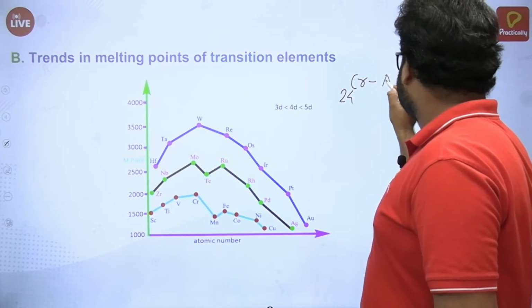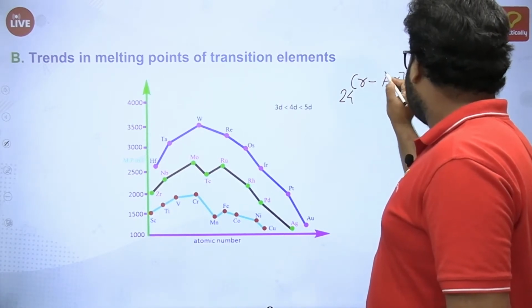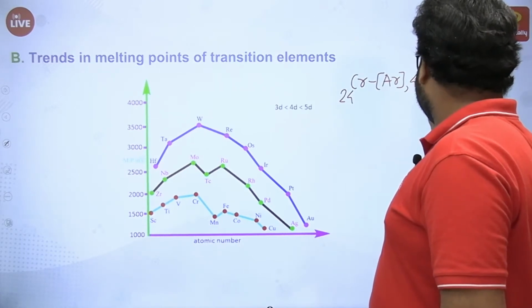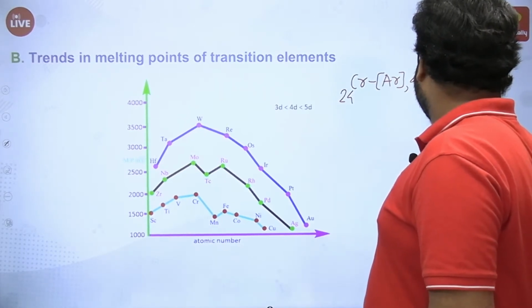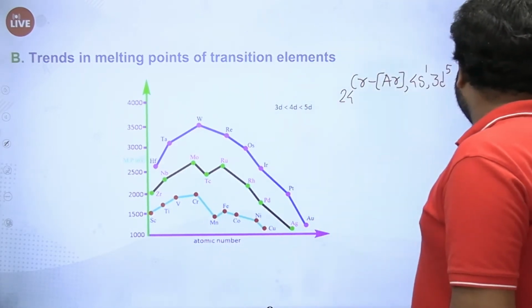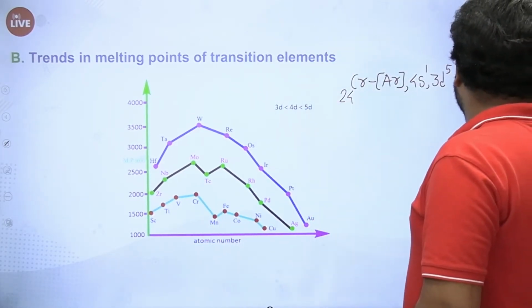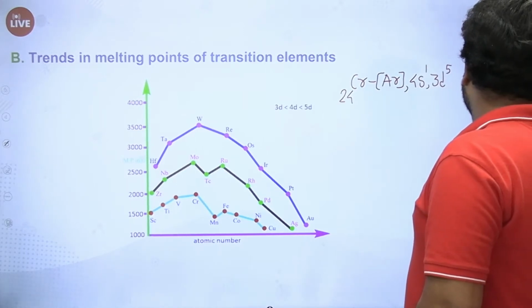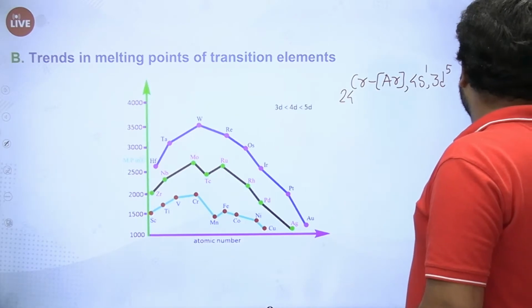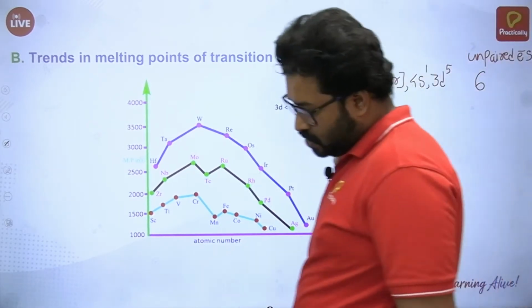So its electronic configuration becomes argon 4s1 3d5. If you're talking about unpaired electrons, how many unpaired electrons does chromium have? Chromium has 6 unpaired electrons.